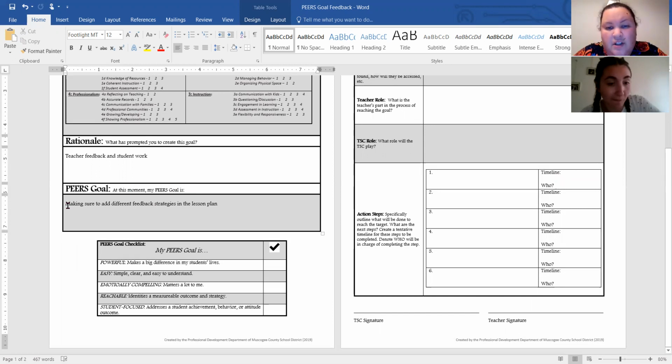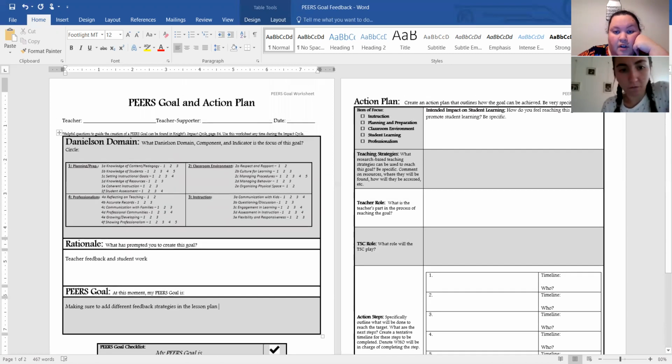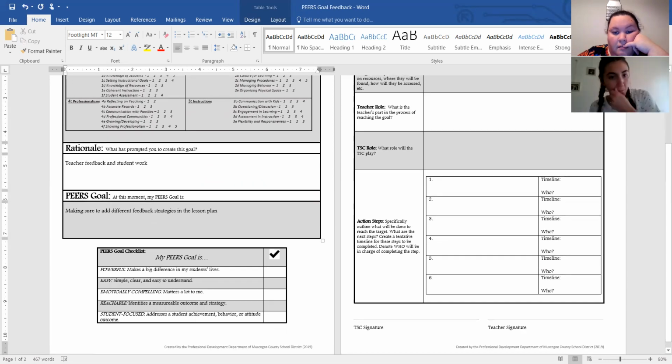You wanted it in the lesson plan? Is that what you said? Yeah, going ahead and planning, making sure to add different feedback strategies in the lesson plan that can help just to increase student learning.